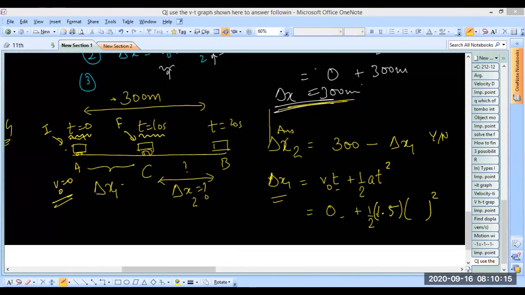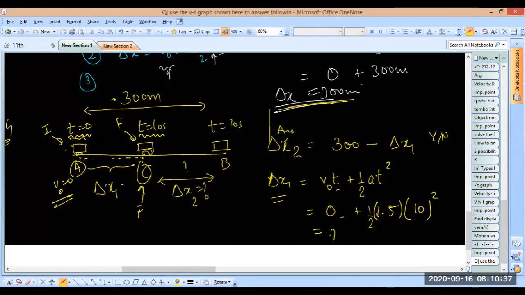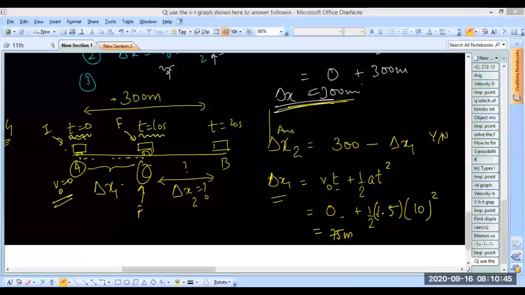It is 10 seconds because we are talking about the time interval from A to C, because A is initial and C is final. So if you do it this way, you get 75 from this calculation. So now delta x1 is 75 meter.